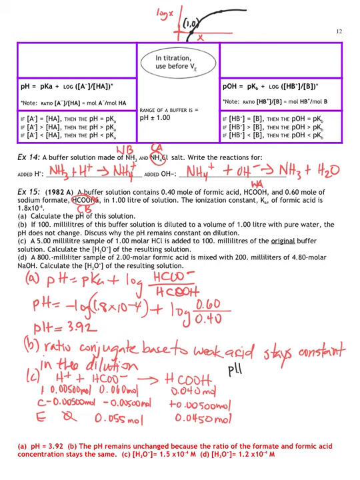So pH equals negative log of 1.8 times 10 to the negative 4th, this is pKa, plus log, and once again I don't need to turn it into molarity, I can leave it in moles, and so I'm going to put my conjugate base on top, and then here's my weak acid.